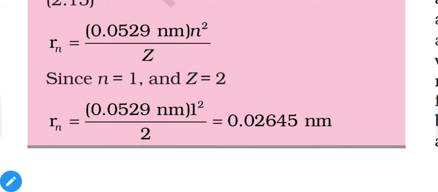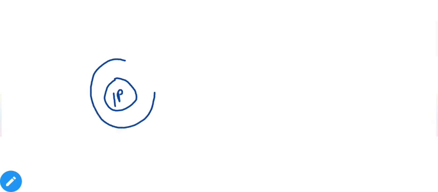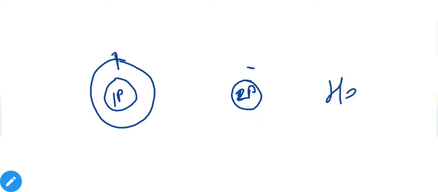For comparison purposes, let us say we have hydrogen, which has only one proton at the core and one electron in orbit. In the second case, we have helium, which contains two protons and two neutrons. So it has two protons, which means more positive charge. That's why if we have He plus, that means we have two protons and one electron only.